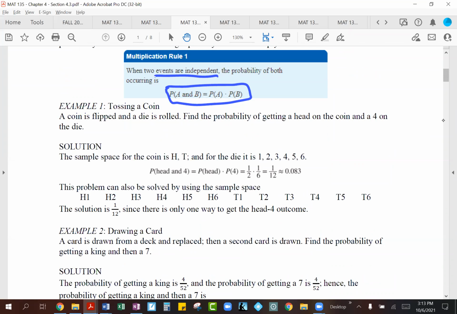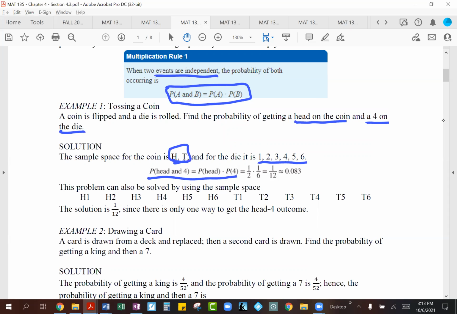So using that example of the coin and the die, for the coin, you're going to have a sample space of 2 outcomes, right? Head and tail. With the die, we're going to have 6 outcomes, depending on which number it lands on. So if we wanted to know the probability that we will get a head on the coin and a 4 on the die, you can see we're using this multiplication rule over here.